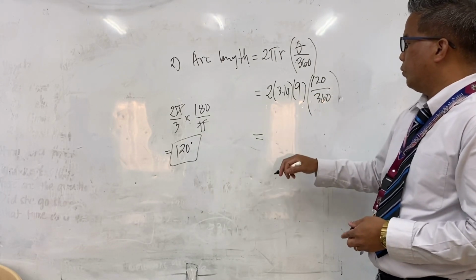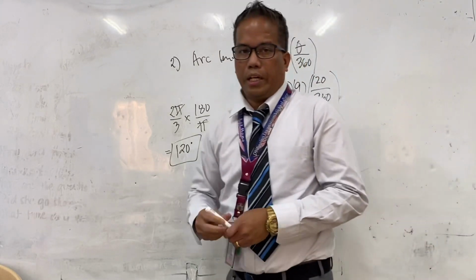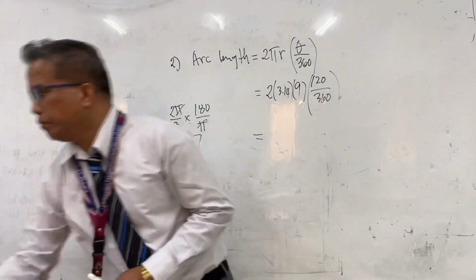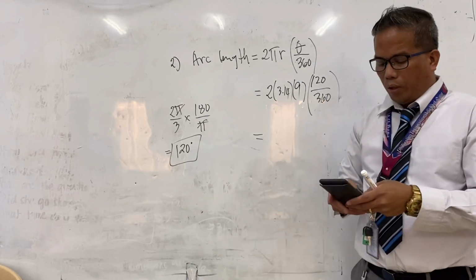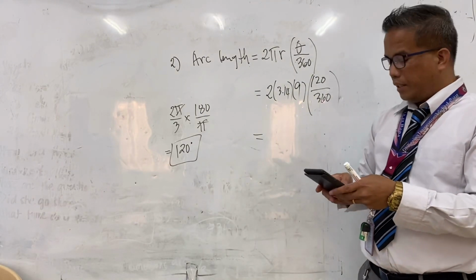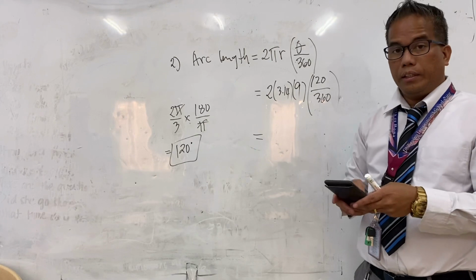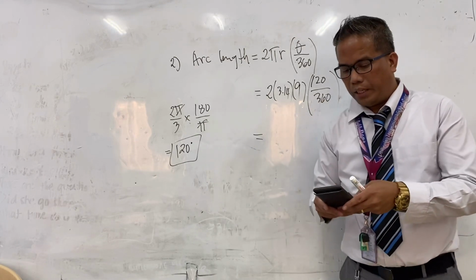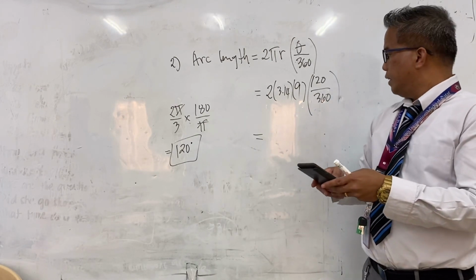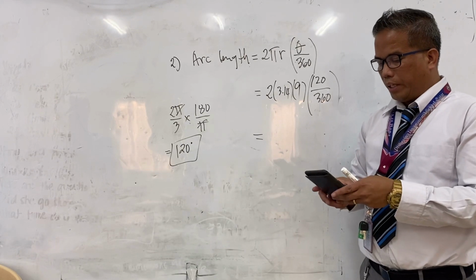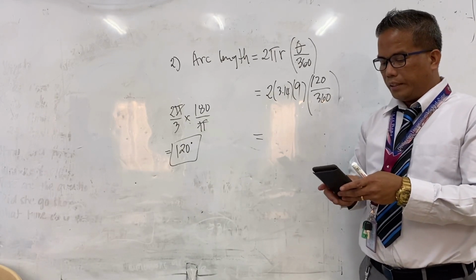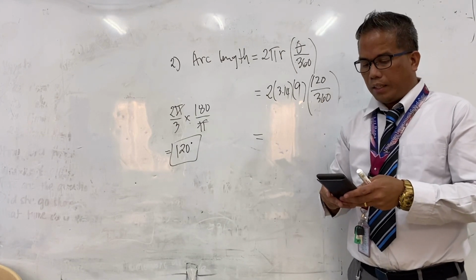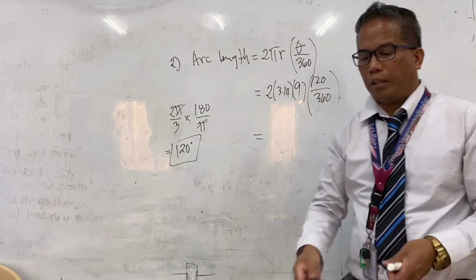Using the calculator, 2 times 3.14 times 9 times 120, divided by 360. 18.84 is the answer.